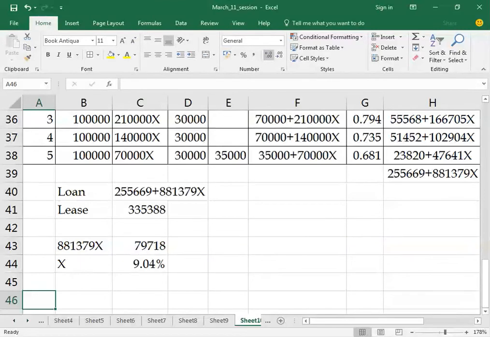Estimated increase in standing charges. How much? 7,715? 3353. So you are equating this. 25667 plus 881379 is equal to this. So 335,388 minus 255,669. 1,21,250.